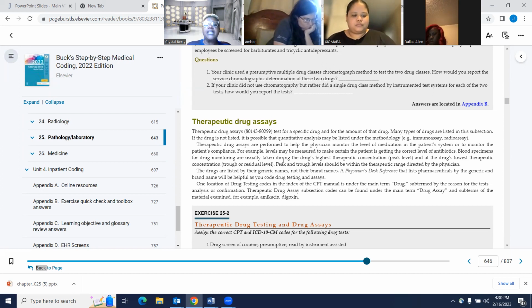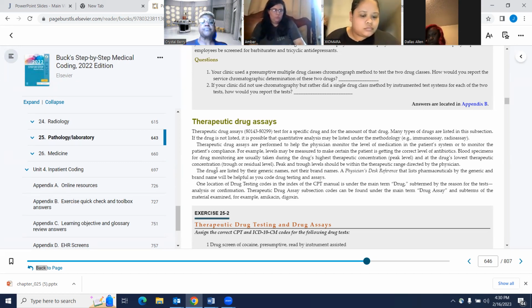For example, levels may be measured to make certain the patient is getting the correct level of antibiotics. Blood specimens for drug monitoring are usually taken during the drug's highest therapeutic concentration, peak level, and at the drug's lowest therapeutic concentration, trough or residual level.